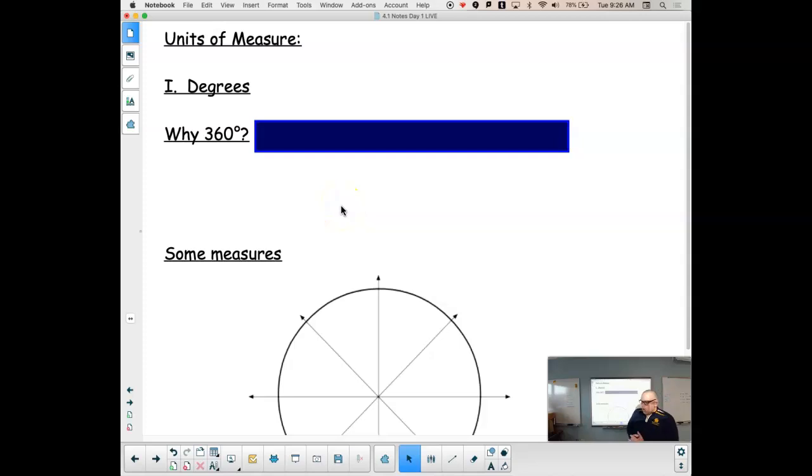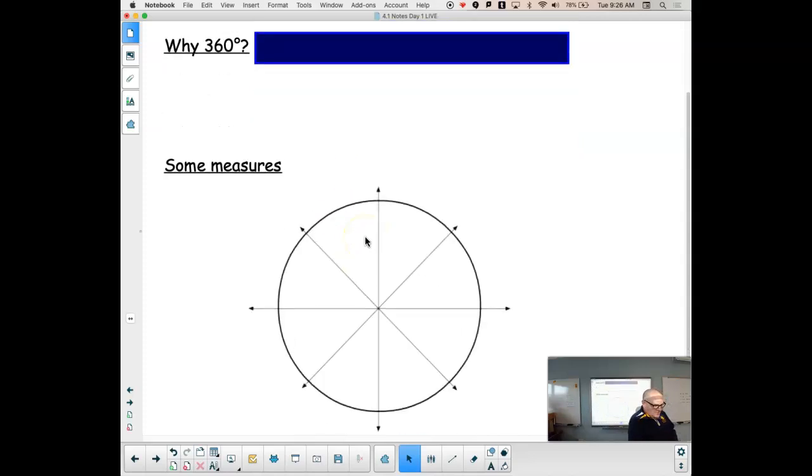So we have 2 different units of measure. The first one is degrees, okay? And we use 360 degrees to go all the way around a circle. Why 360 degrees?